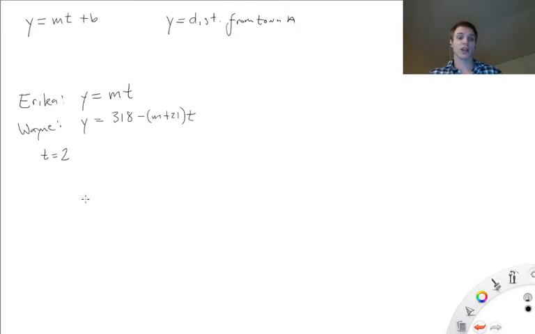Since Erika's y equals mt, and Wayne's y equals 318 minus the quantity m plus 21 times t, we can set them equal. It's only true for t equals 2. So let's sub 2 in for t, and then we're going to solve.